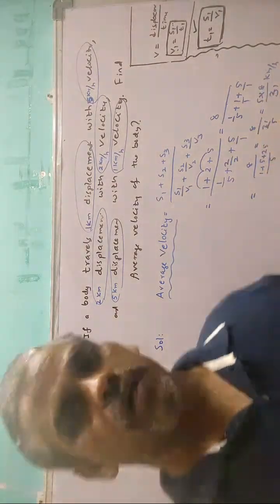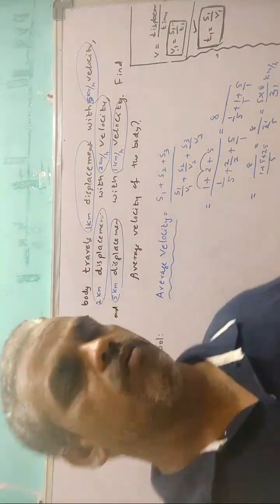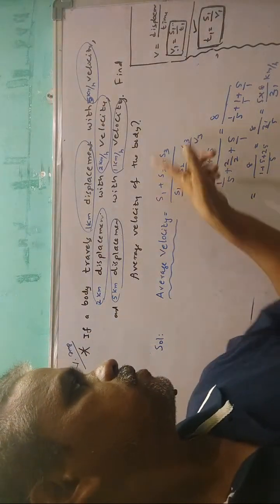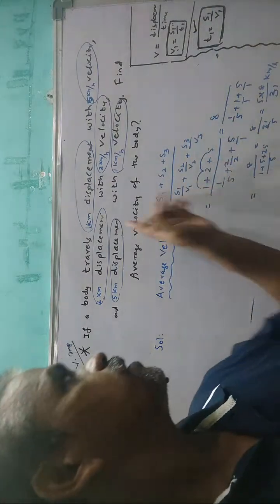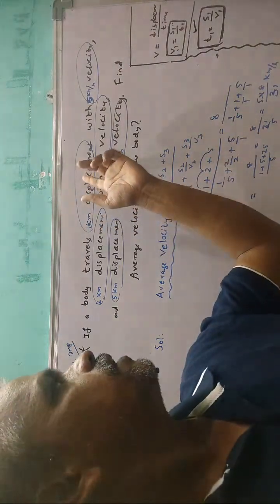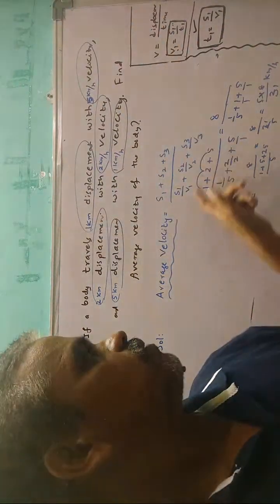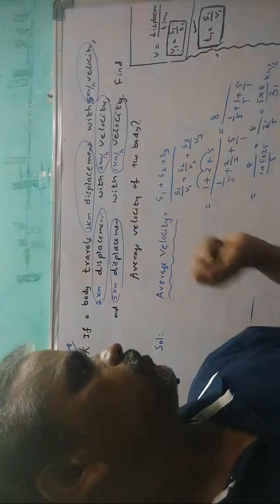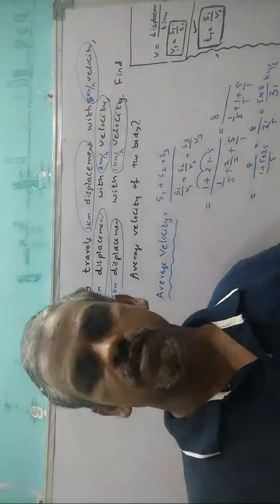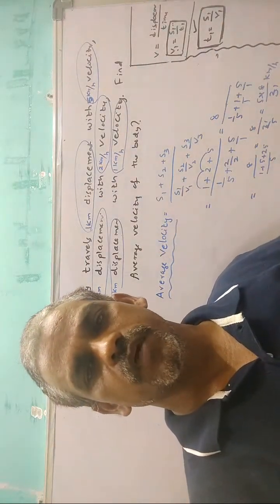See, this is numerical. Don't worry about numerical problems. Just see how we are doing. If he gives displacement and velocity, then you go for this formula. If it is an easy numerical, you can do it easily. Otherwise, it will be tough.